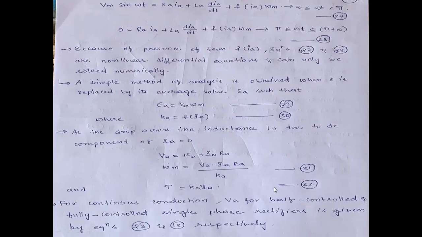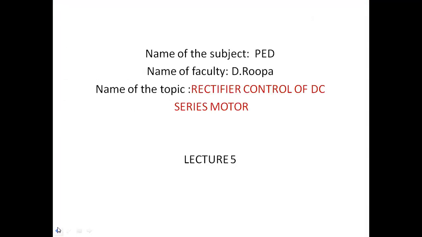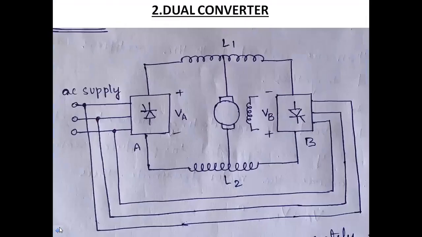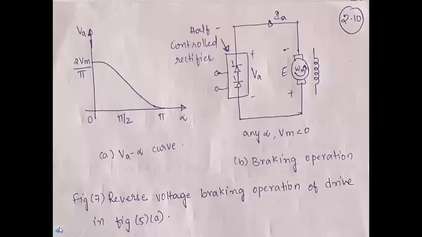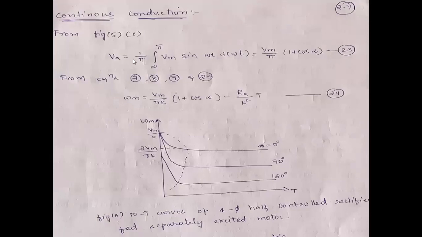For continuous conduction mode, from the 23rd and 13th equations we can know the value of VA for both fully and half controlled single phase rectifiers. Now I will show you the 23rd and 13th equations. Please remember them. The 23rd equation is VA equal to Vm by pi into 1 plus cos alpha.